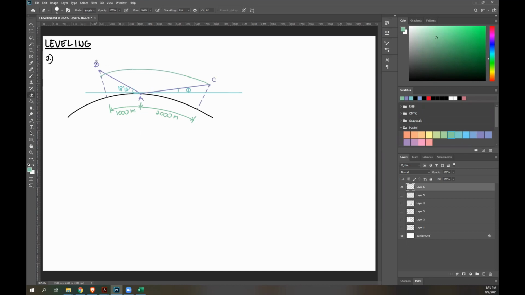And then I'm gonna make B higher just so that you can see that difference in elevation more. So B, and then this is the angle of elevation.